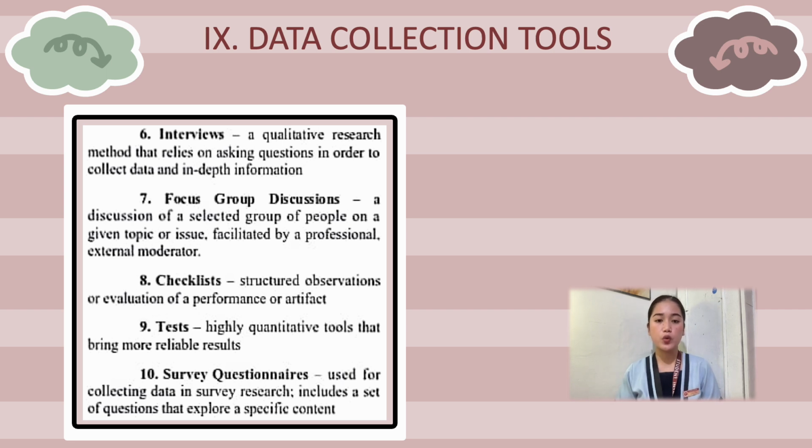Highlight quantitative tools that bring more reliable results. These tools use mathematical models and algorithms to uncover patterns and relationships between large data sets, leading to more objective and accurate conclusions. So number 10 is the survey questionnaires.